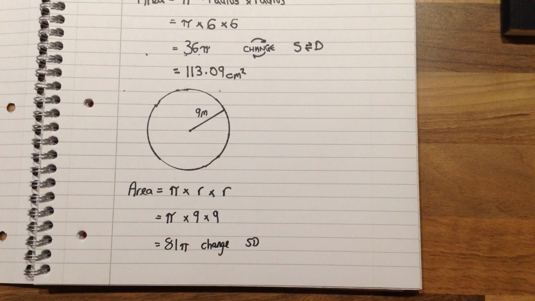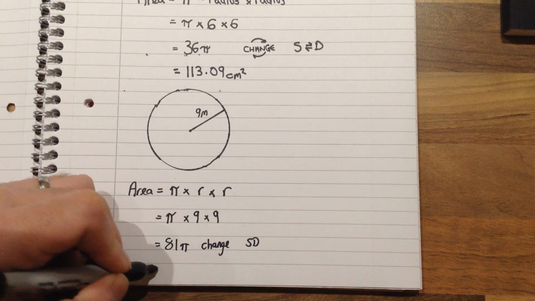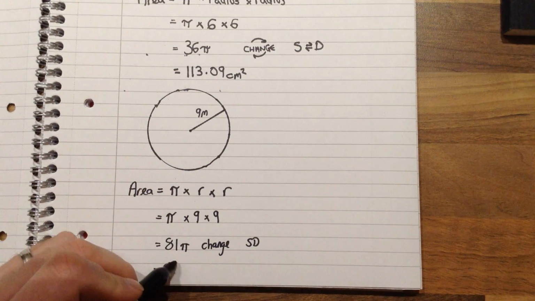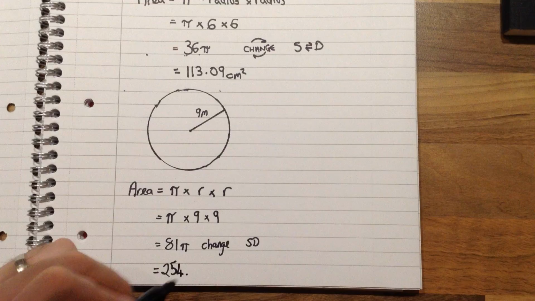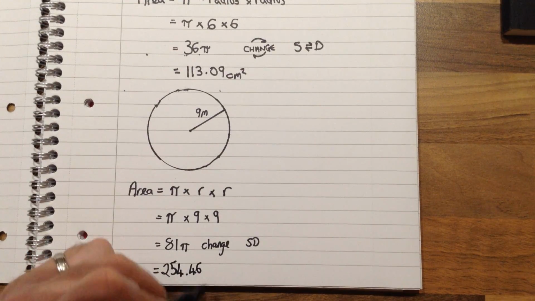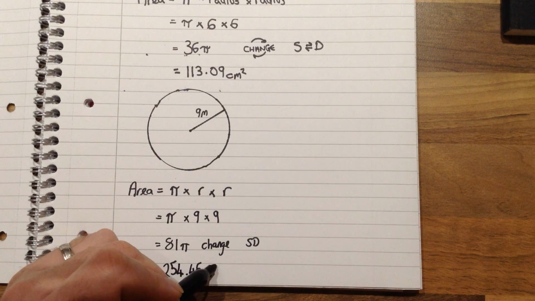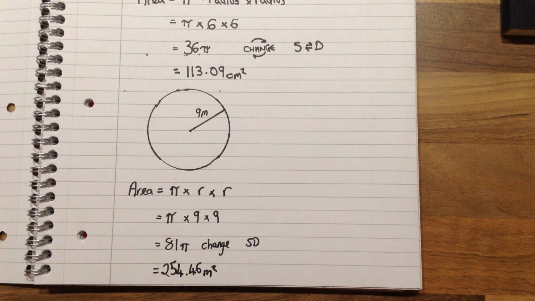Sir will show you if you can't find the button on your calculator that changes it. And then that, if you press it, should equal 254.46. Here, because it's metres, I'd put metres squared as my answer.